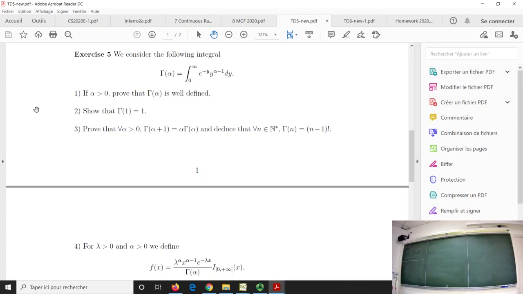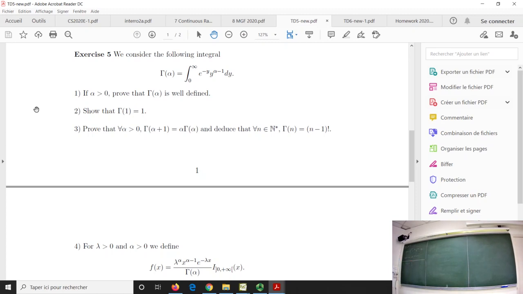Prove that gamma of 1 is equal to 1. So first I remark that 1 fulfills my condition. 1 is strictly greater than 0, so I have the right to consider gamma of 1, and it will be a number. Okay, and I want to prove here that this number is none other than 1.